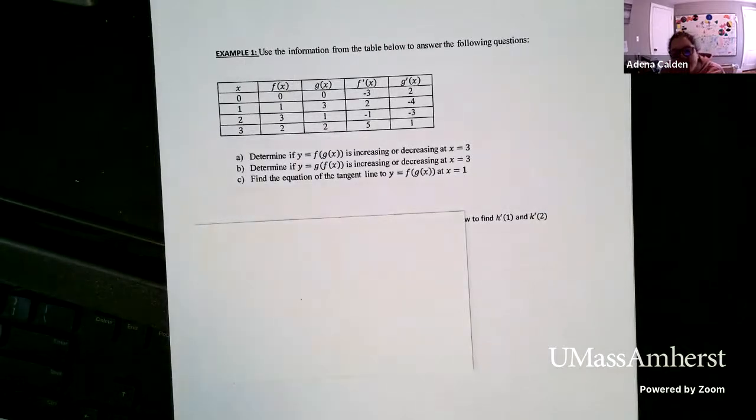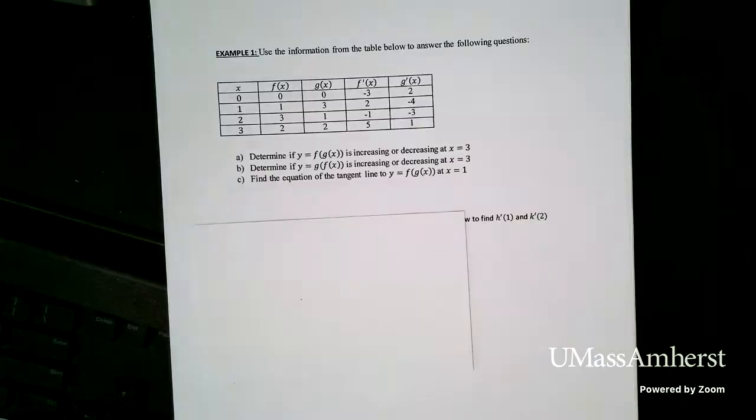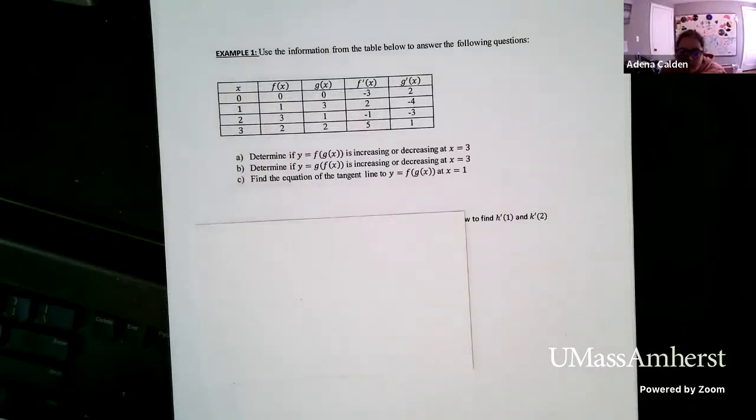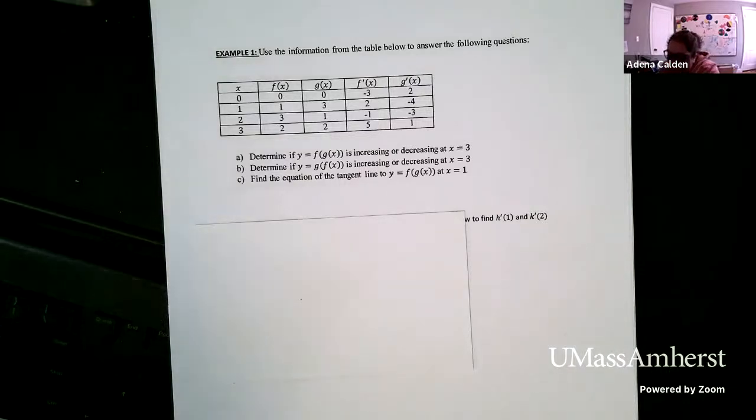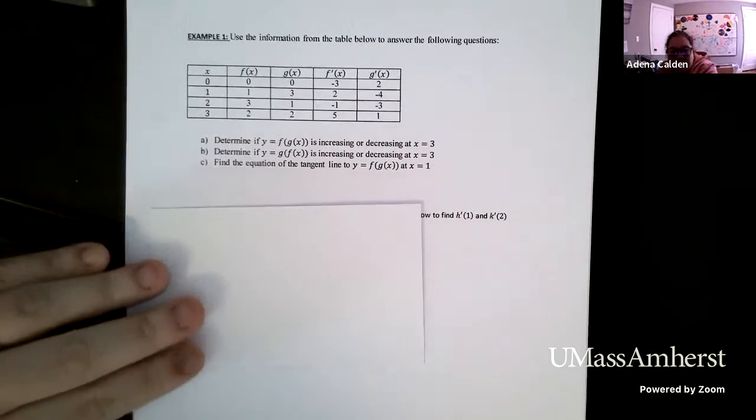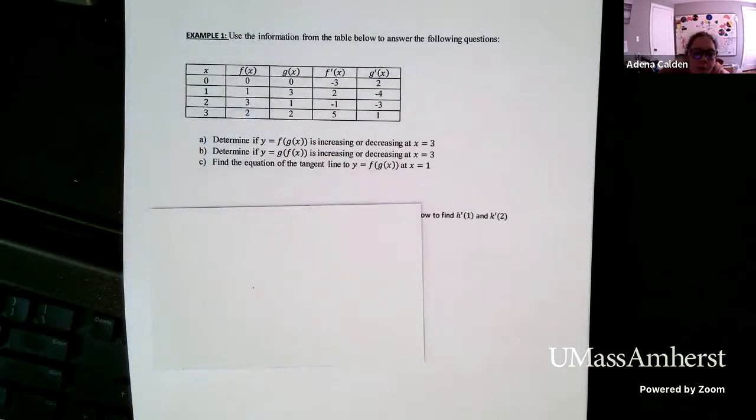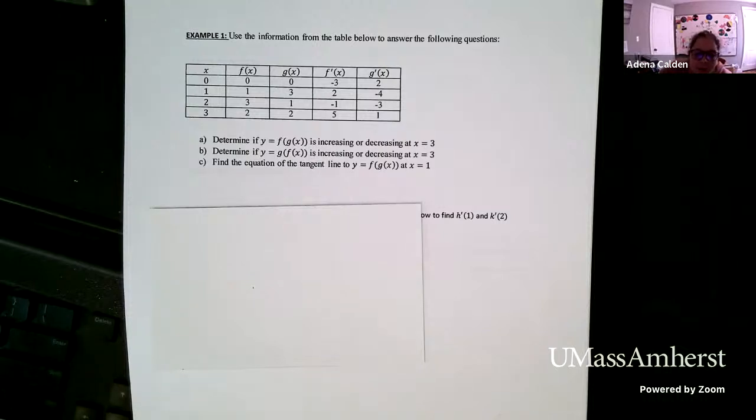So what types of things might we ask having to do with a chain rule? Having a table like this where you have a function and derivative values often indicates that you're going to be doing a chain rule or one of the later rules that we're using. So we need to look at the function as it's given in the problem. Part A says determine if y equals f of g of x is increasing or decreasing at x equals 3.